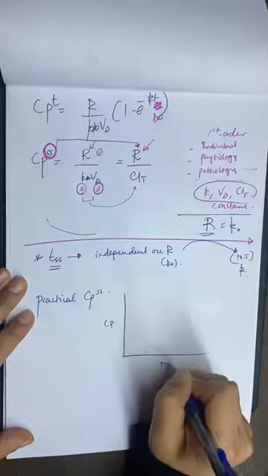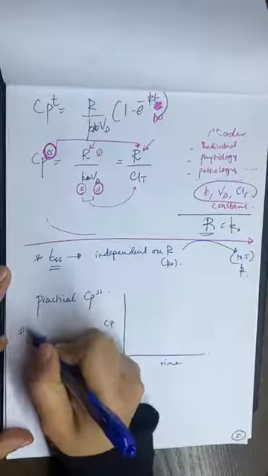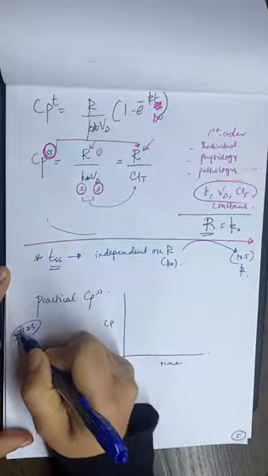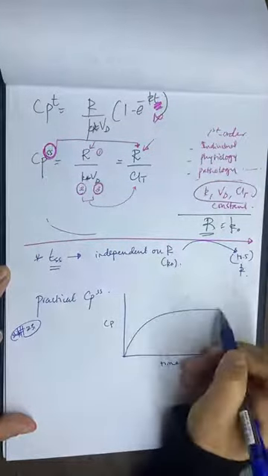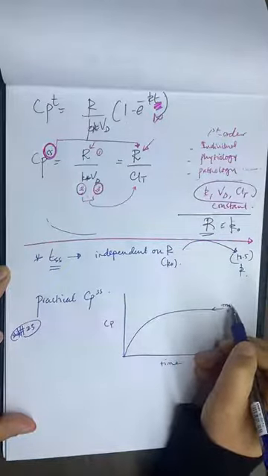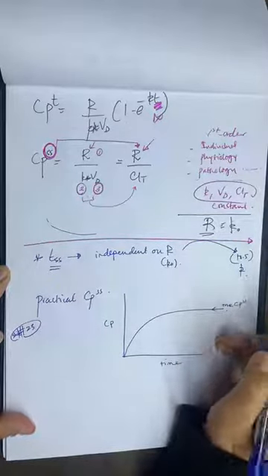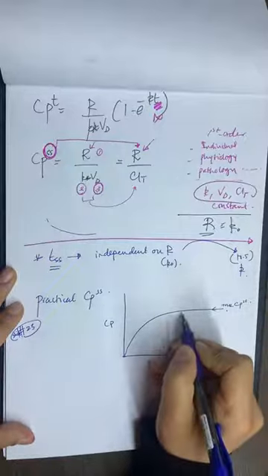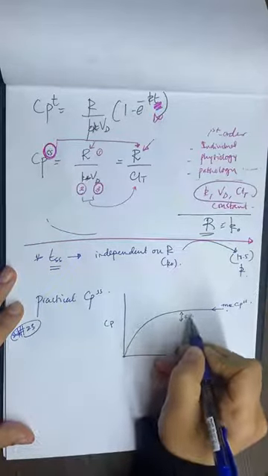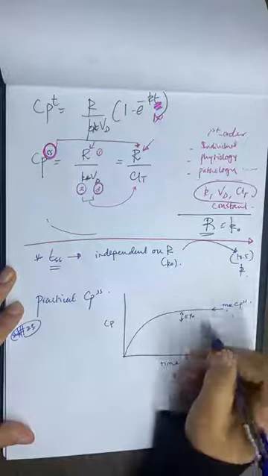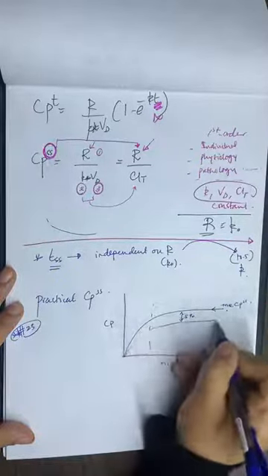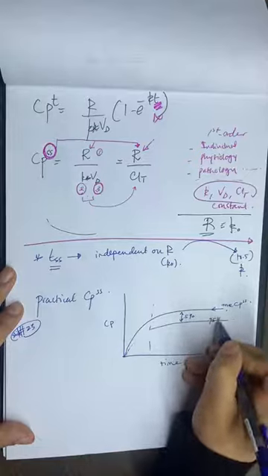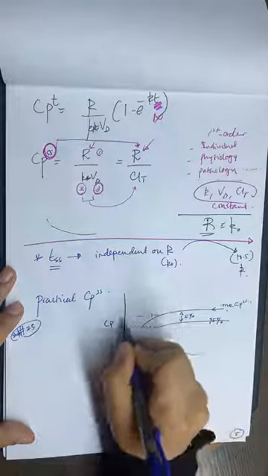which is usually in your slide number 23, you will have the definition of it. If we consider this our true steady state concentration, it's either that we are within 5% of the true steady state, or we reach 95% of the steady state concentration.